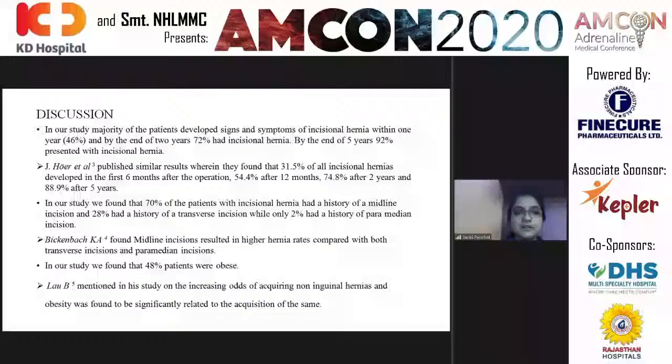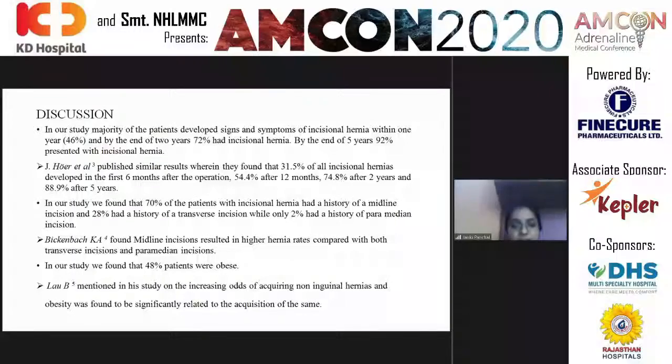Discussion. In my study, 46% of patients developed hernia within 1 year of surgeries. Similarly, another study showed that 54.4% had an incisional hernia within 1 year of surgery. 70% in my study had a history of midline incision, 28% had transverse and 2% had paramedian incision. A similar study showed midline incision having a higher rate of incisional hernia as compared to transverse or paramedian incision.